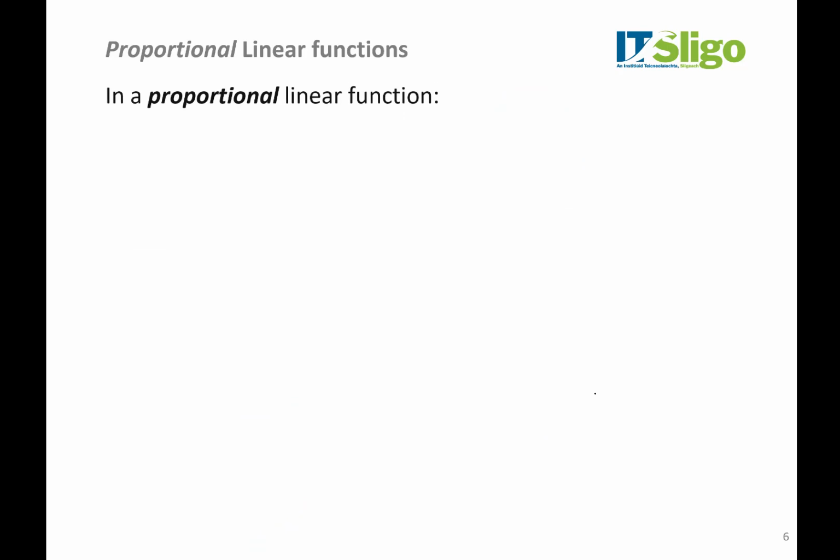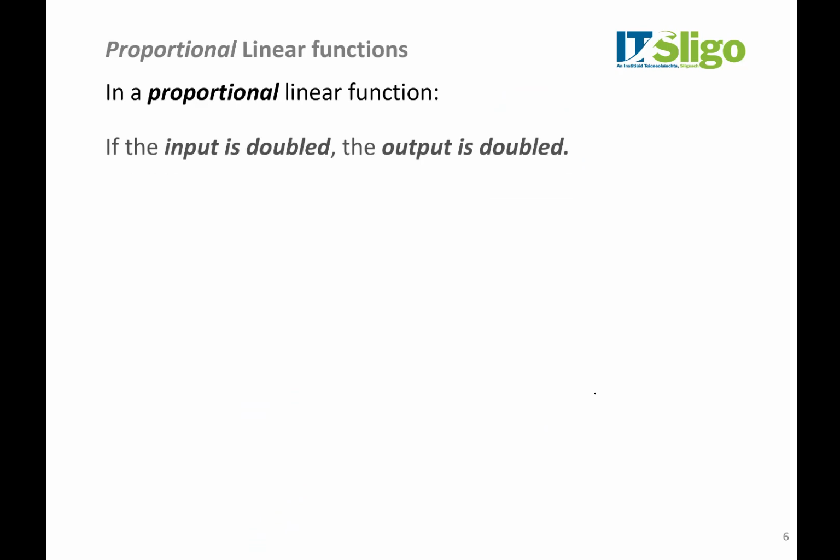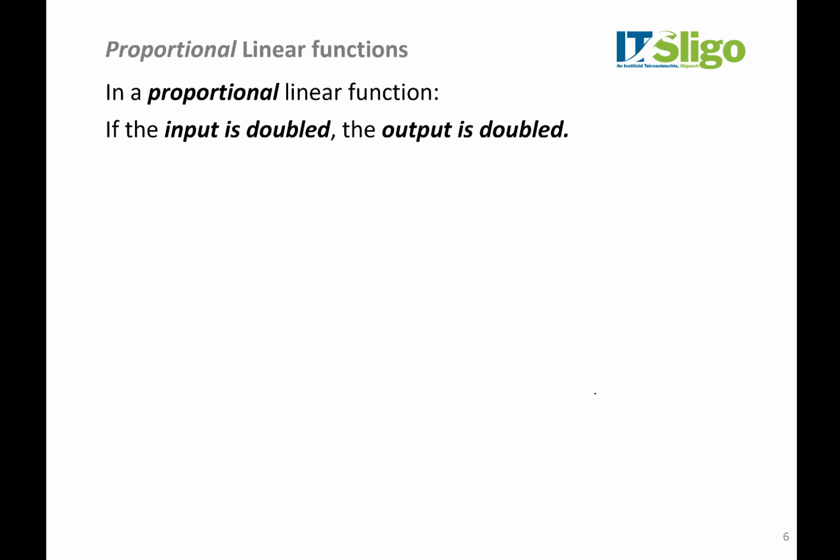Proportional linear functions. We looked at proportionality at the end of lecture 1. Just like with the circle, remember a proportional function is one where there's only one term on the input side.